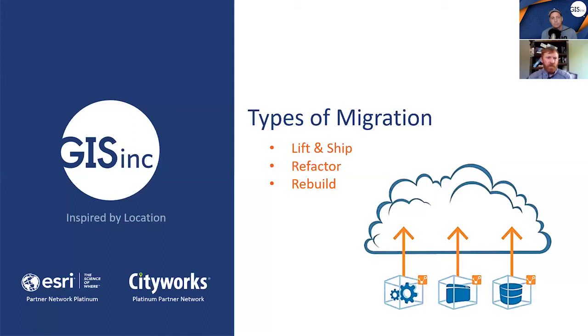Those kinds of small changes make it a little bit more efficient. And then the last one would be a rebuild. In this case, we would really be re-architecting the entire stack, looking to modernize it into a more resilient and potentially highly scalable environment, where everything has its own independent architecture.